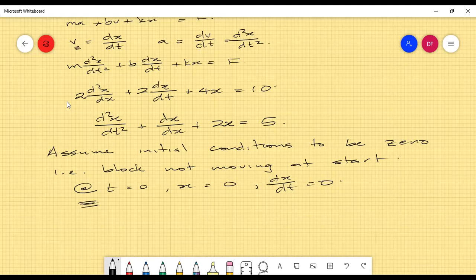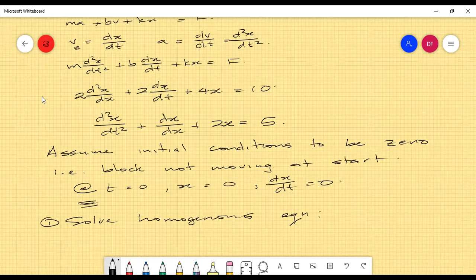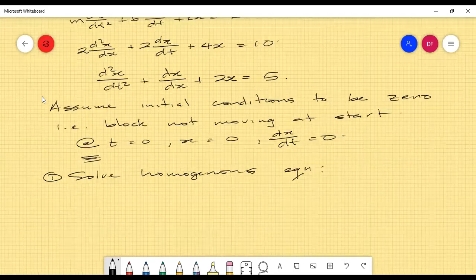So remember what we said, the first thing you have to do is solve the homogeneous equation. So what do we do to solve the homogeneous equation? Remember now, homogeneous equation means that this thing here is equal to 0. So that's the equation we're going to solve first.